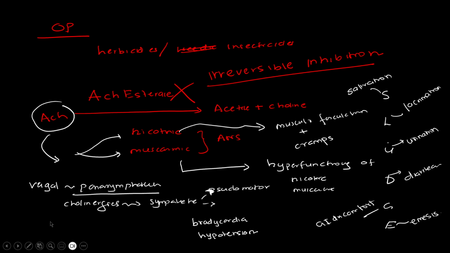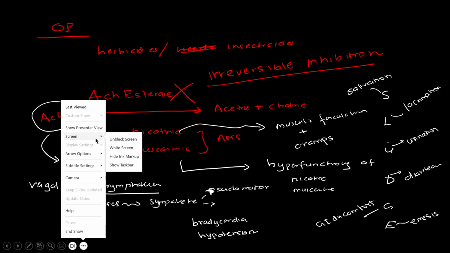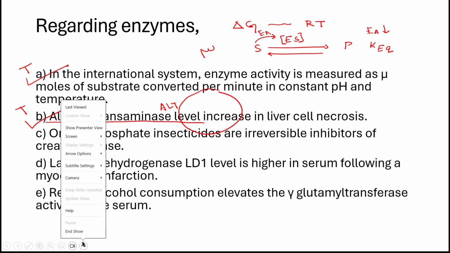So what do we do? Now what do we do? We have to find a cure or a remedy. The problem was with the acetylcholinesterase. Now it has been irreversibly inhibited. Now we have to wait until the enzyme is reformed or resynthesized.